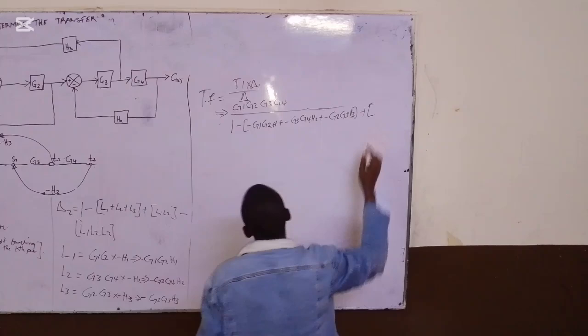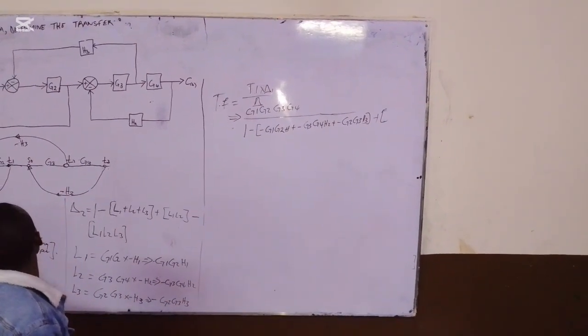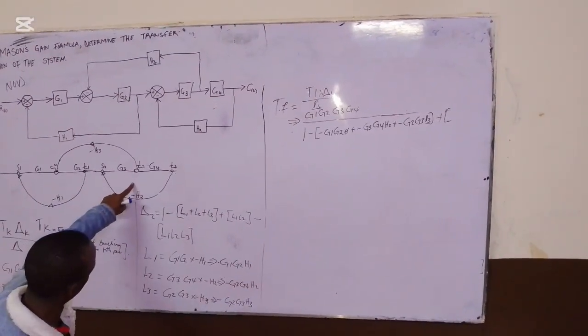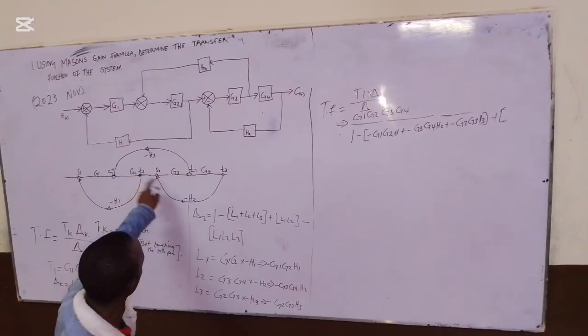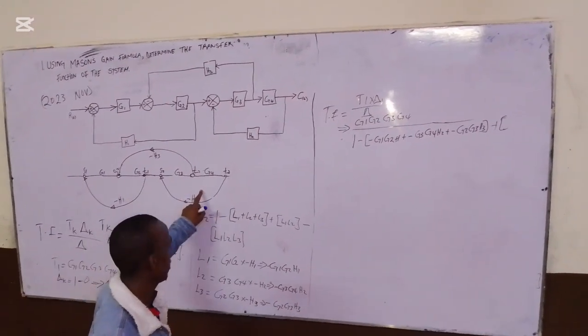then plus our possible combination of two non-touching loops. We have L1 and L2, they are non-touching.